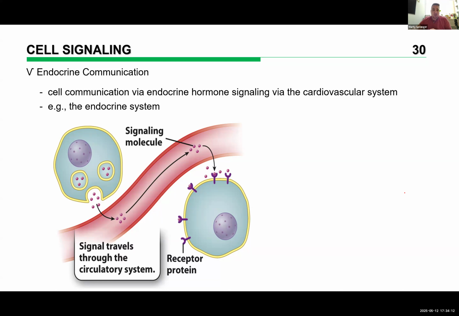So neural communication is very short lived, a couple milliseconds. This is much longer lived, and it's more widespread. So these endocrine molecules can reach many cells of the body, whereas a neuromuscular junction, for example, only one cell can be affected. A synapse is only affecting one cell.